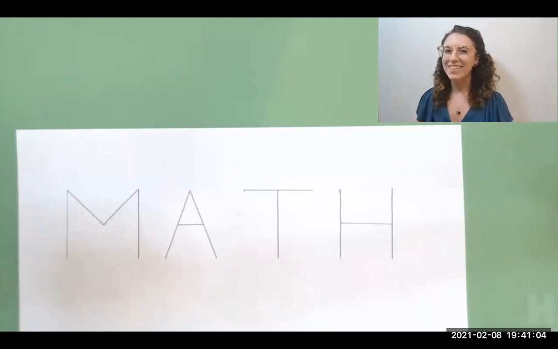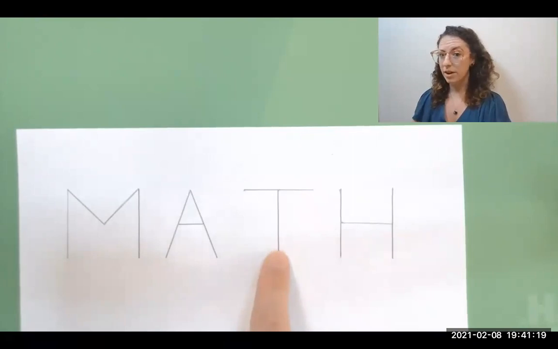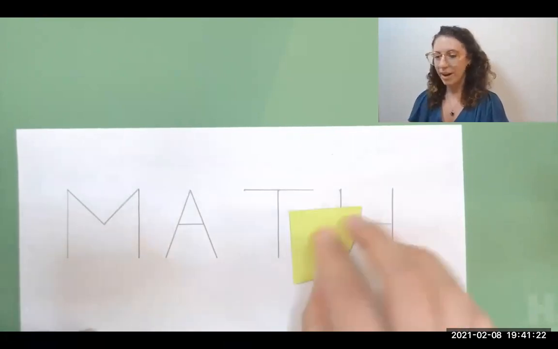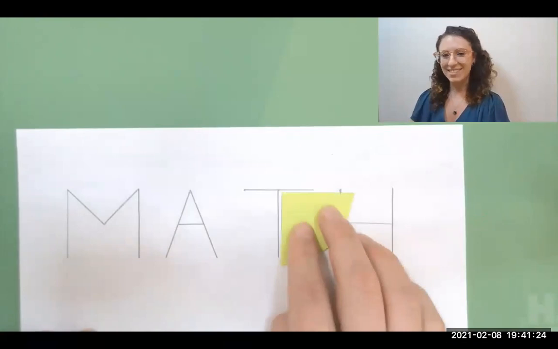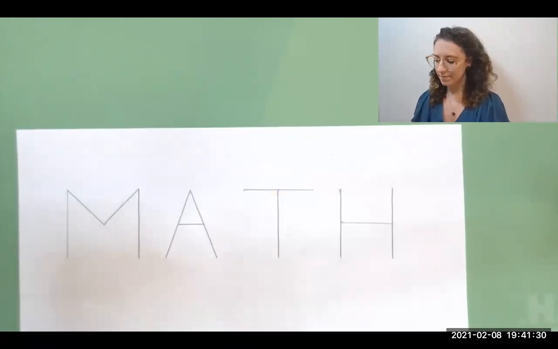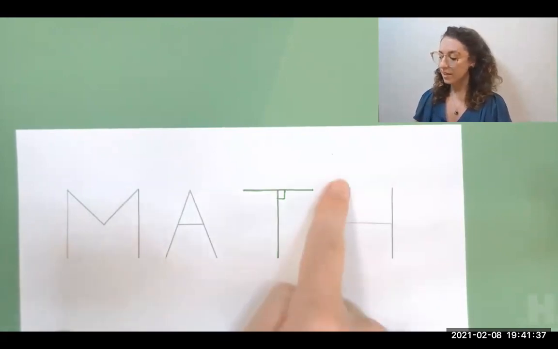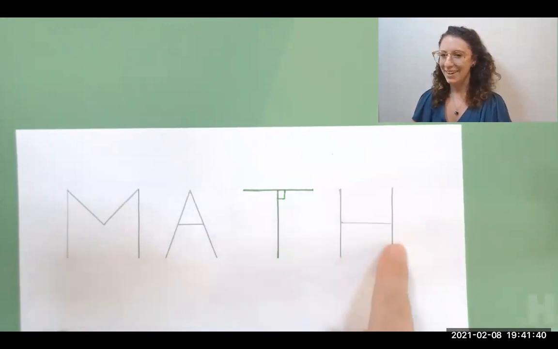Take a moment to think, then tell me, do any of the letters in the word math have perpendicular lines? 3 of them do. You might have noticed that the lines in the letter T are perpendicular. They form right angles. You might also have noticed that the lines in the letter H are perpendicular.